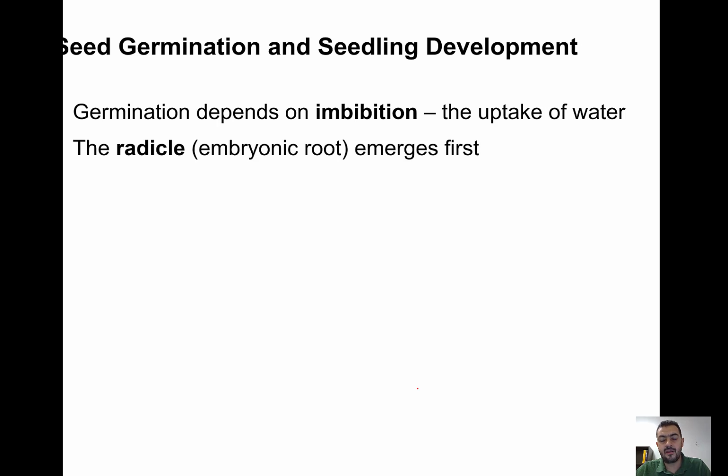These enzymes will break down the starch and the food reservoirs, and then the first part that will start to emerge is the radicle. The radicle is the embryonic root, and following the radicle, the shoot tip will break the soil surface. So in the next two slides we are going to apply these general rules for both the eudicots and the monocots.